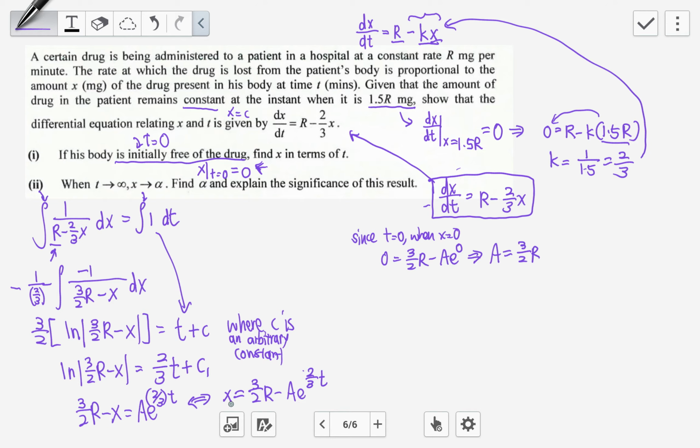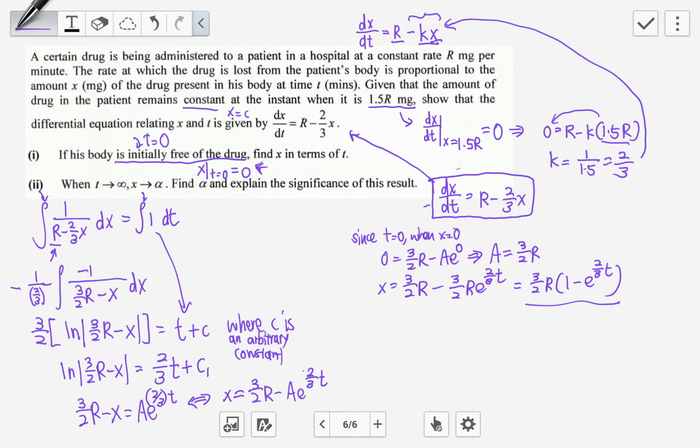And so my general solution of the differential equation is x equals to 3 over 2r minus 3 over 2r e to the third t. To make it simpler, I just factorize out the 3 over 2r, 1 minus e to the third t. So this will be the general solution.